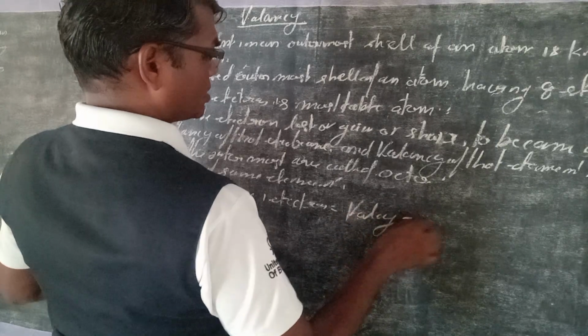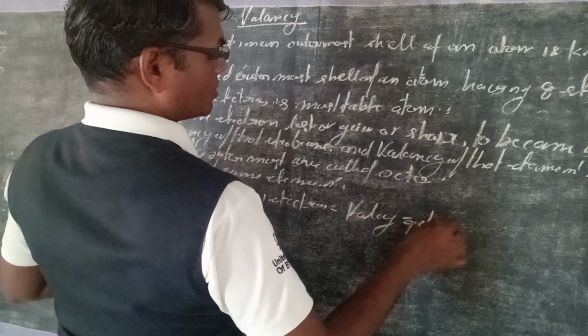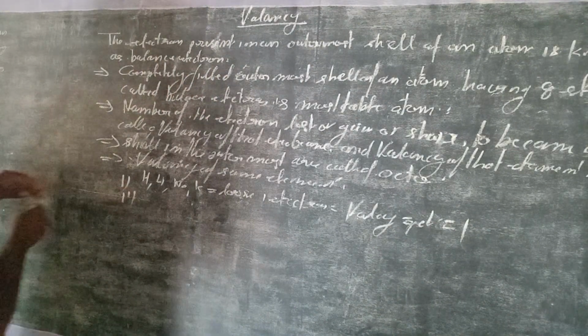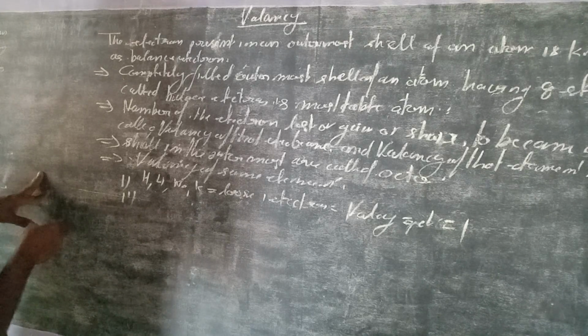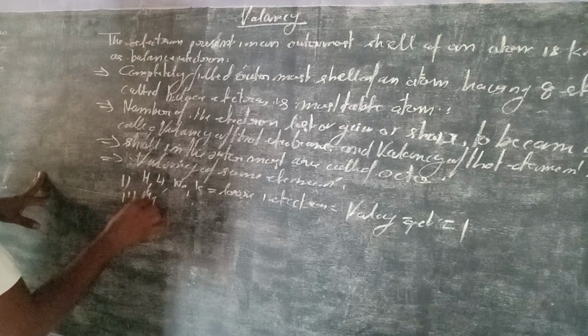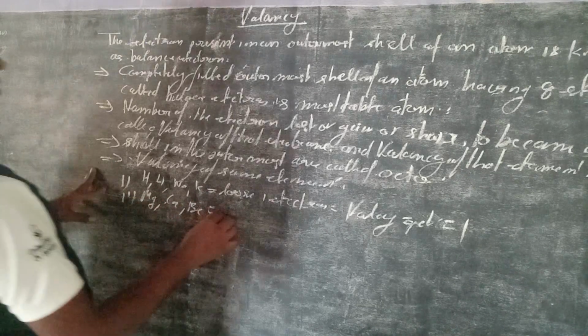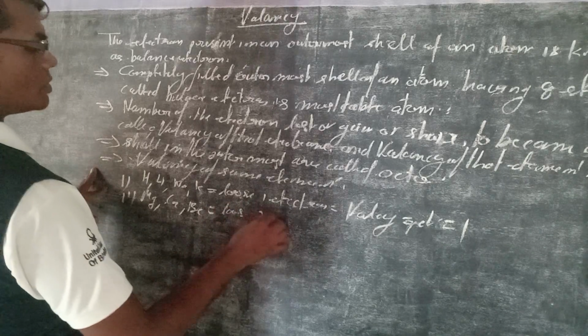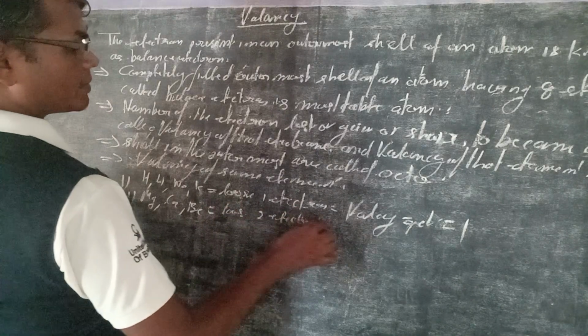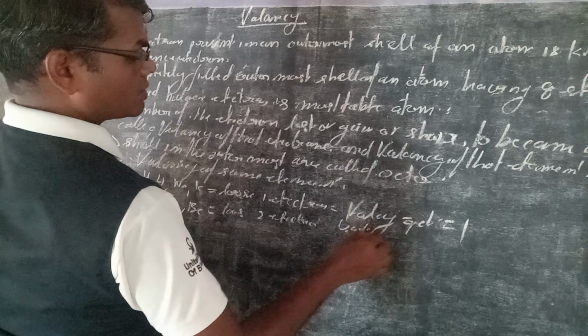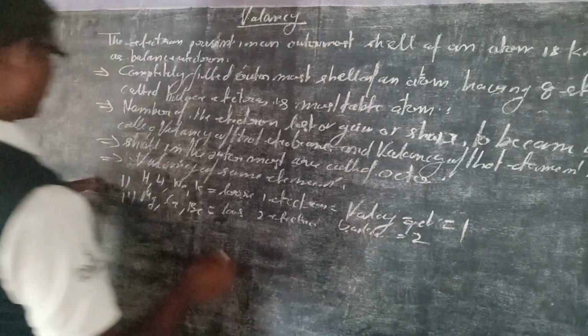Second, beryllium, magnesium and calcium lose 2 electrons, so valency will be 2.